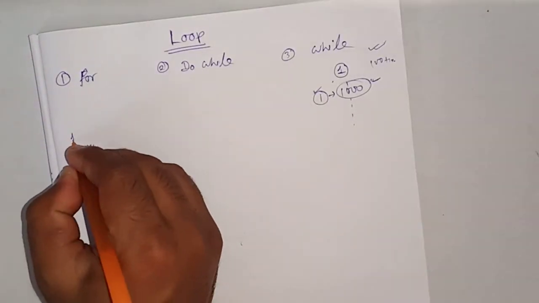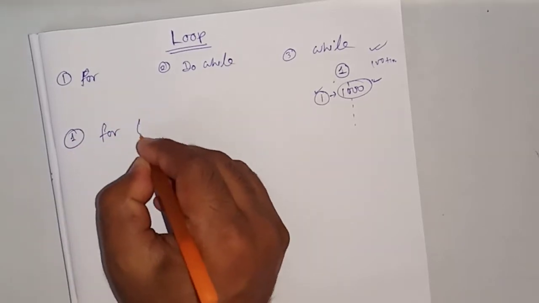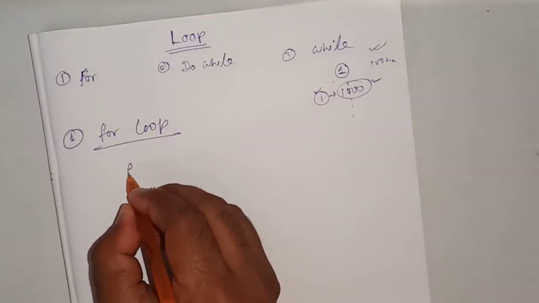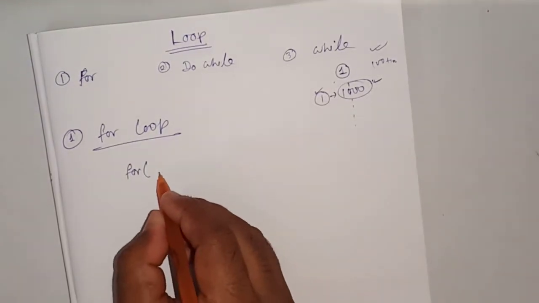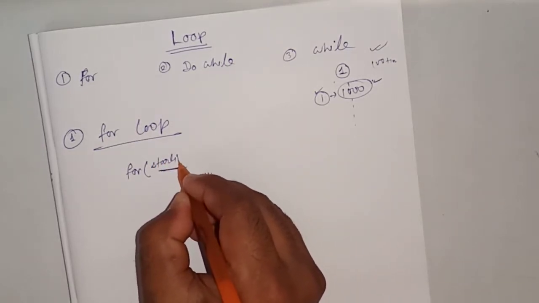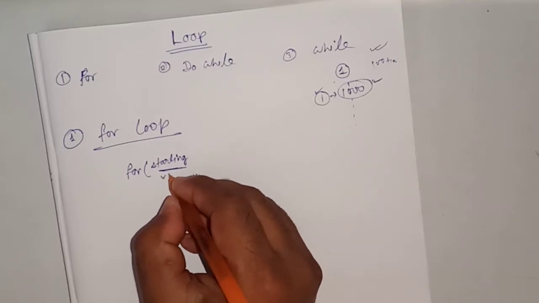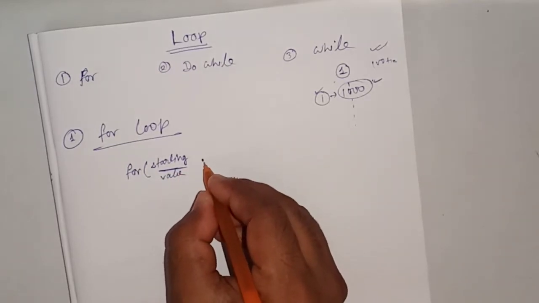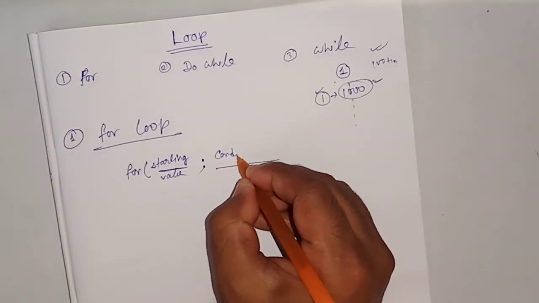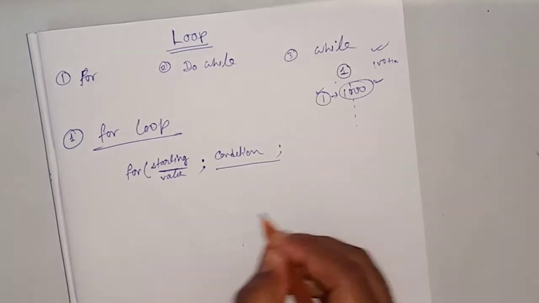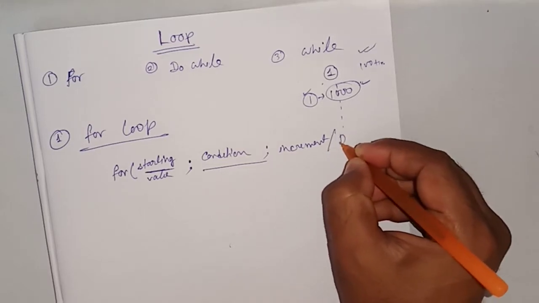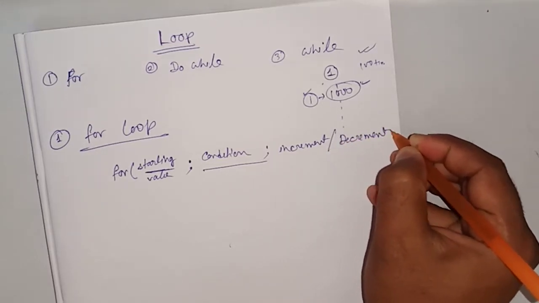So I'm giving heading 1: for loop. In the for loop, the writing procedure is: for, first the starting position, the starting value, then a semicolon, then your condition, a semicolon, then increment or decrement.